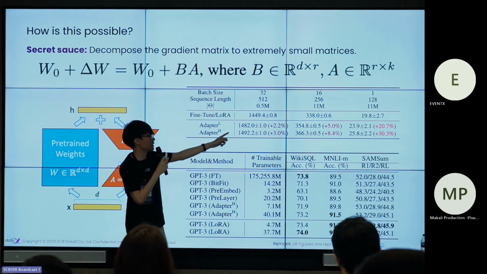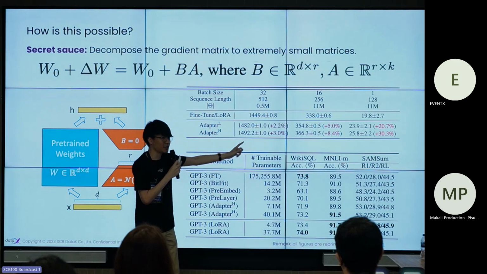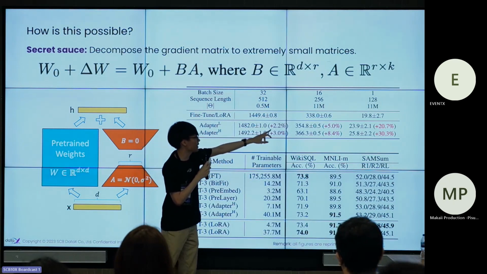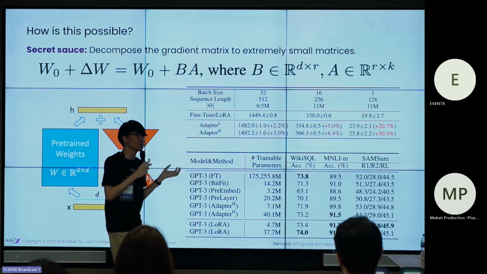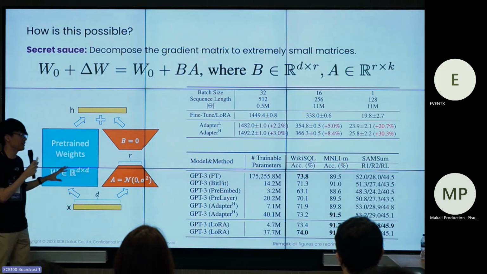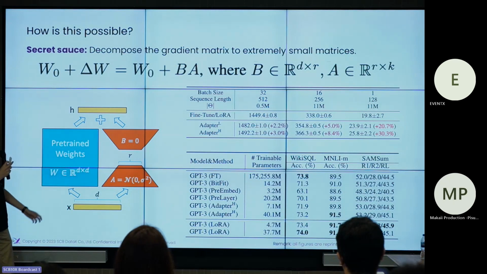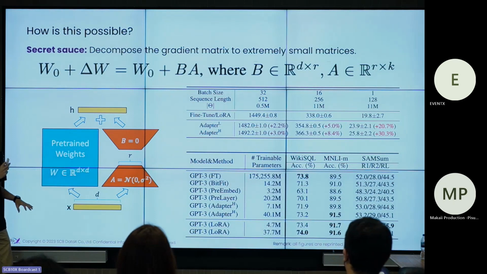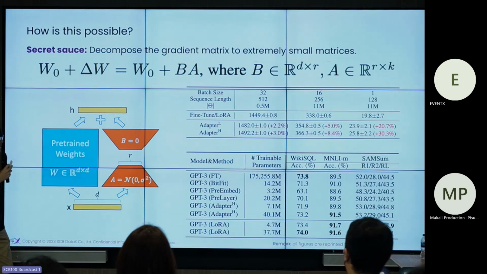If you use an adapter, you may add some additional latency to the inference time, for example, an increase of 2% compared to full fine tuning, because with full fine tuning you didn't introduce any weight into the model. But for LoRA, they have a technique with no additional time for inference.